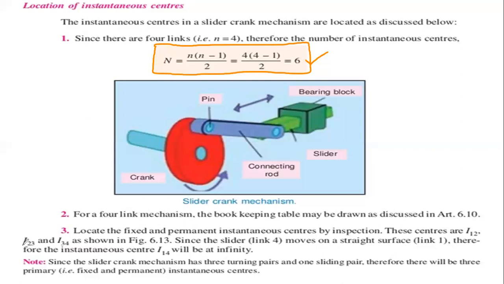So I12, I23 and I34 are the permanent and fixed instantaneous centers, and the remaining are the free centers. So now we are going to draw these instantaneous diagrams.